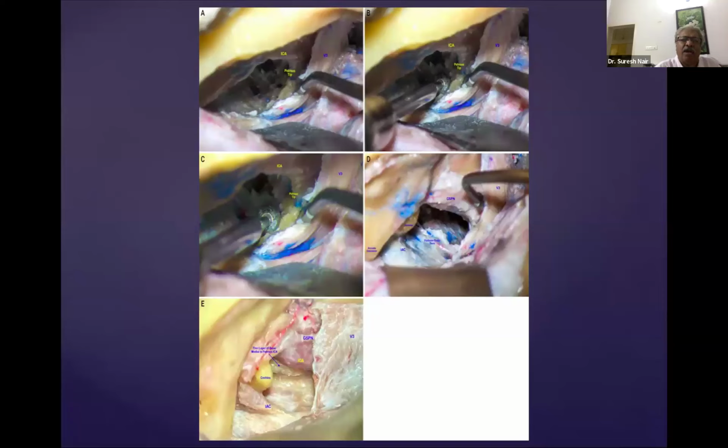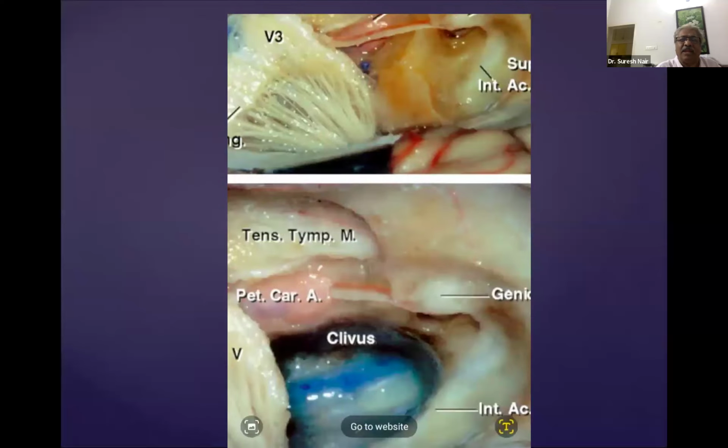Say we have the carotid artery. Underneath V3 and Meckel's cave is the petrolingual ligament, which separates it from the carotid artery. So you get the lateral carotid there, and you get the petrous carotid underneath GSPN. This has been very nicely described.